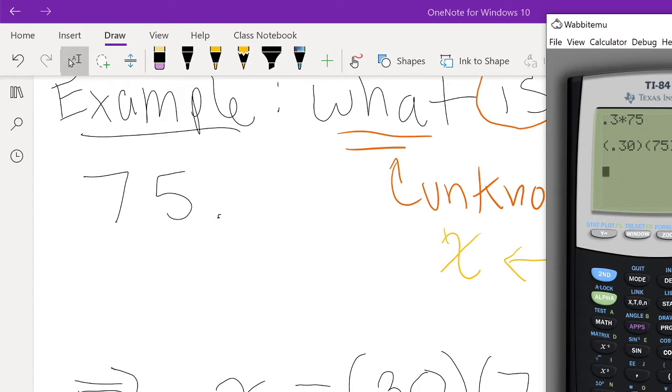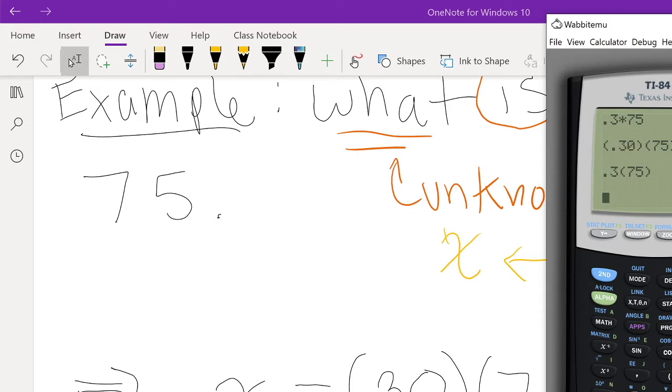Another way to represent the same operation is we can write 0.3 times 75, and we get 22.5, or 22 and 5/10.